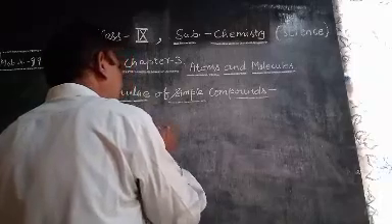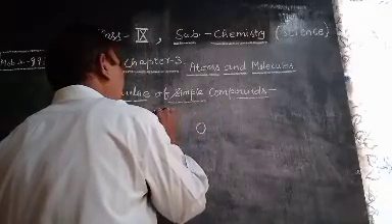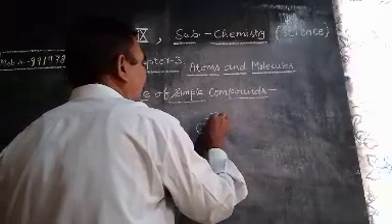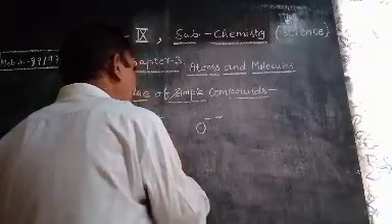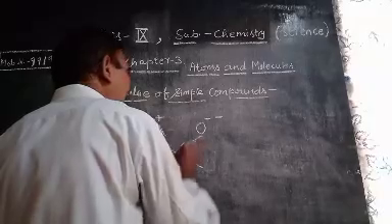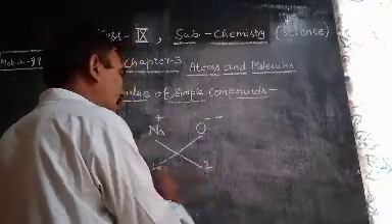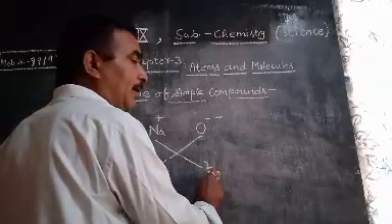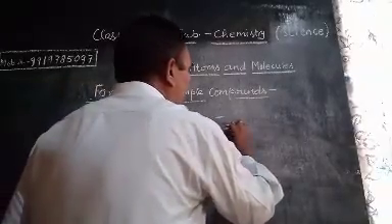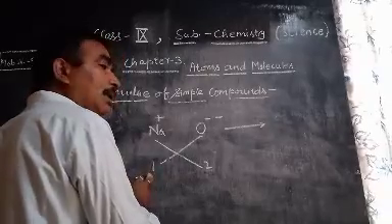Sodium oxide, Na and O. Valency of Na is 1 and oxygen is minus 2. Take LCM of 1 and 2. We will find 2. And 2 divided by 1 will be 2.